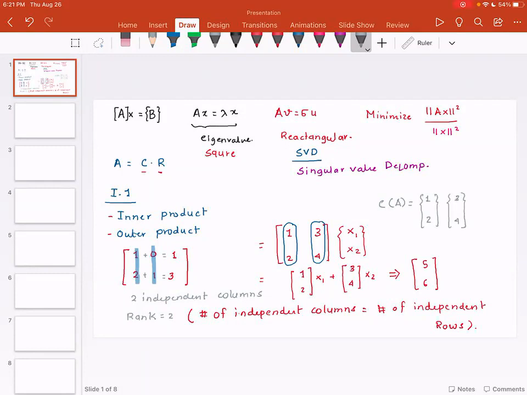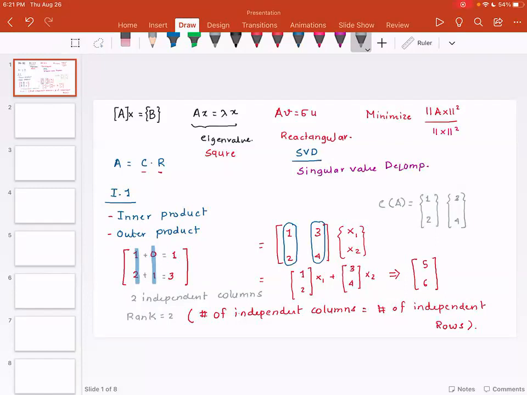Then the important part that comes next is the row space. And now you can tell me the row space is, instead of 1, 2, it will be 1, 3 and 2, 4, because those are the rows. So column space is vertical columns, row space is horizontal rows.